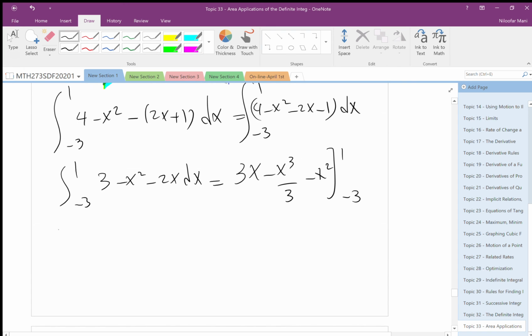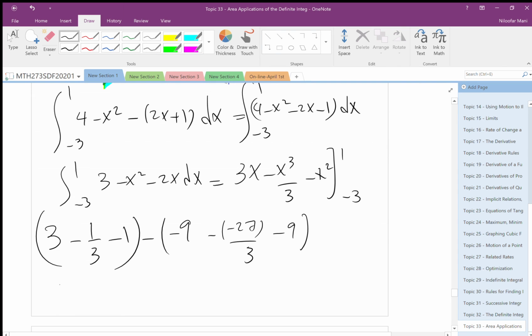So here maybe I can do it for you. 3 minus 1 over 3 minus 1, so that's that, minus minus 27 divided by 3 and minus 9. Okay, so it is 3 minus 1 over 3 minus 1, and minus minus is plus. Then again minus 9, I think, because it's plus here, and then minus plus 9.